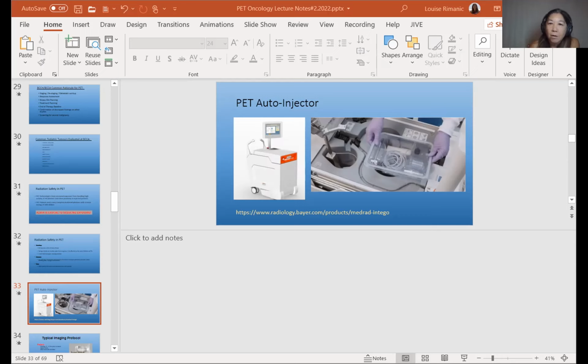So there's a lot of buzz about the use of PSMA in patients with prostate cancer. We'll just have to wait and see, but so far it seems to be receiving rave reviews.